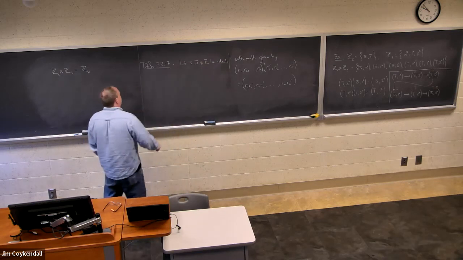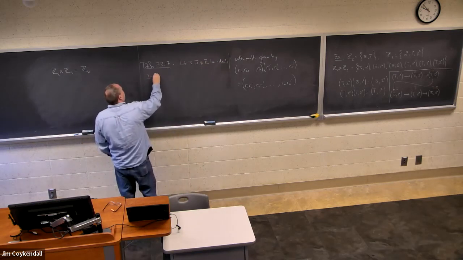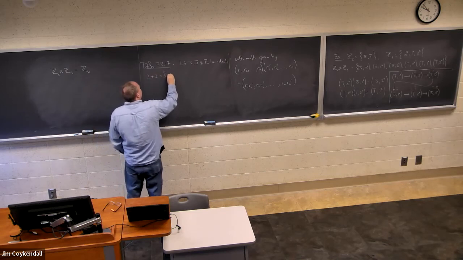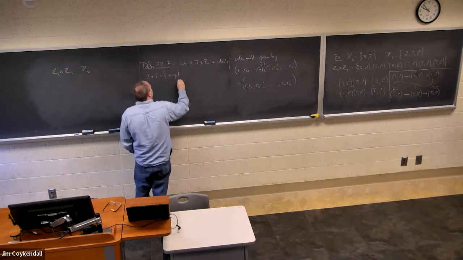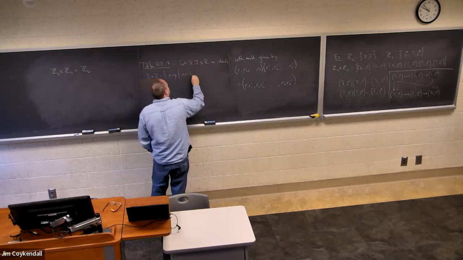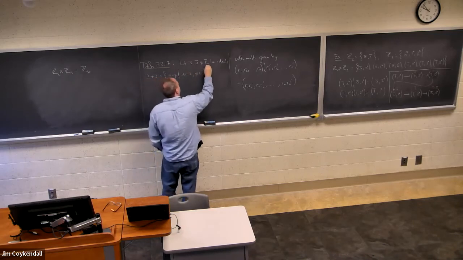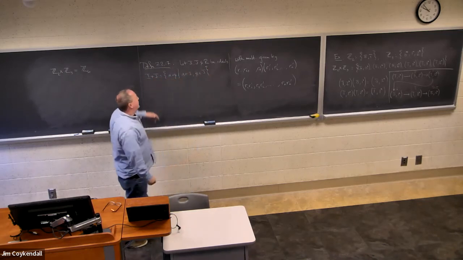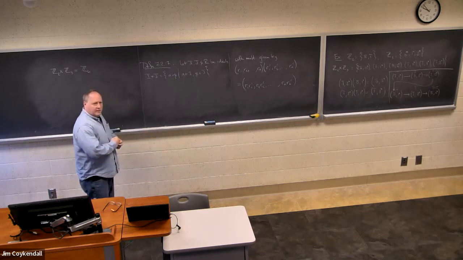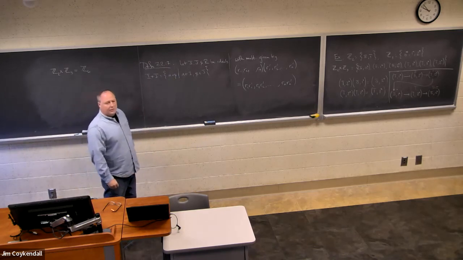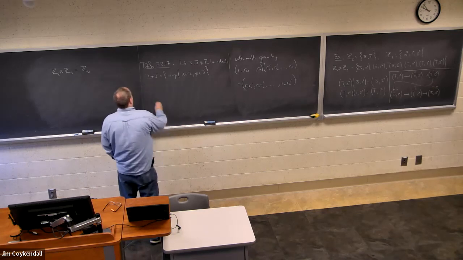The ideals I and J: I plus J, which does not have to be proper, is the set of elements of the form alpha in I plus beta in J. I plus J is what you think it is. See if you can prove for yourself that this is an ideal.